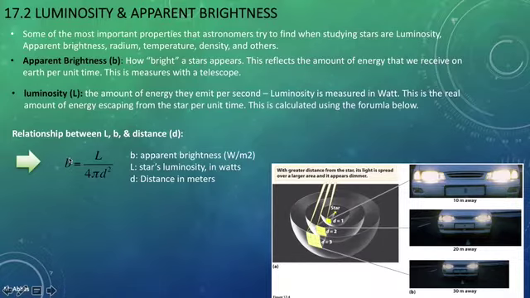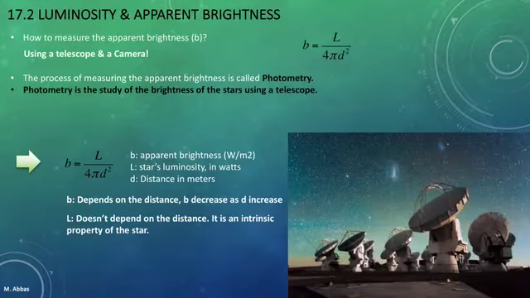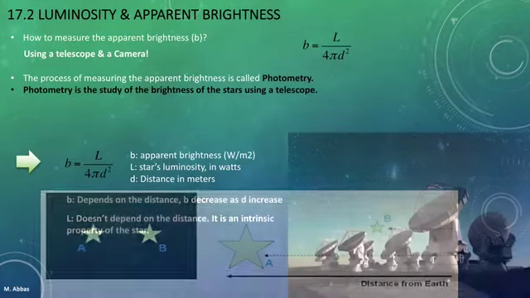Of course, it does make sense. Same example as here. Whereas luminosity doesn't change, it is constant. It is the real intrinsic property of the star. So yeah, this is about this relationship. This is what we were talking about.